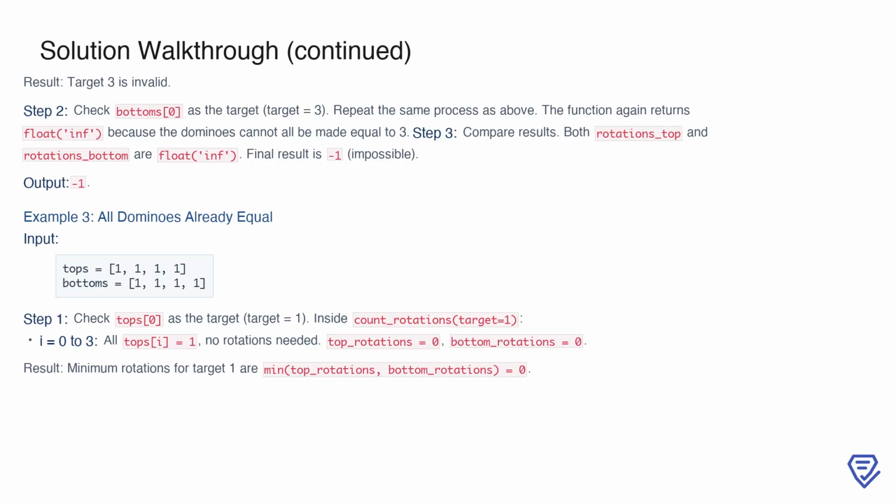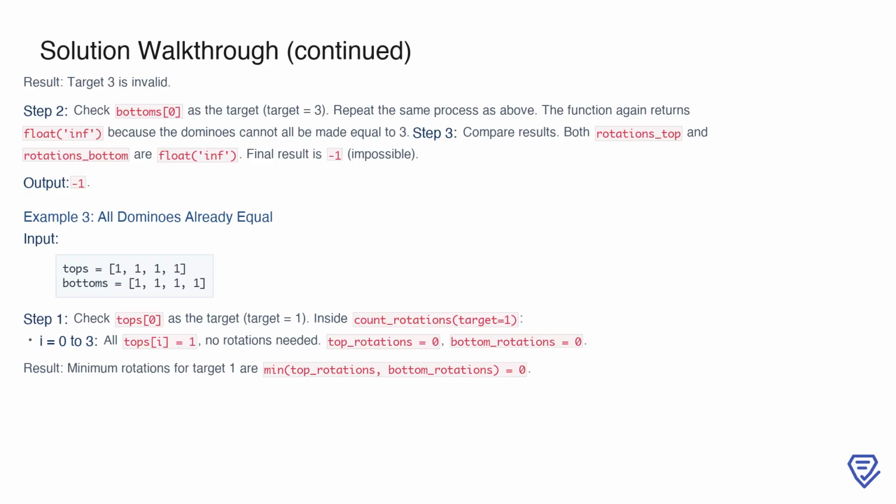Using count_rotations, target equals 3, we start checking each domino. For i equals 0, the top already matches the target, so no rotation is needed. However, at i equals 1, neither the top nor the bottom matches the target, which makes it impossible to achieve the target number 3. The function immediately returns float('inf'), and we conclude that target equals 3 is invalid.